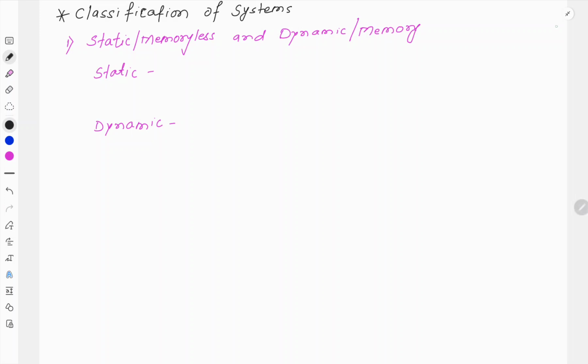To understand the definition, we must understand few concepts. For example, let's say we have x of t with us, which is the input to a system. Now if we represent x of t plus some constant, let's say t plus t1, and one more parameter t minus t2.